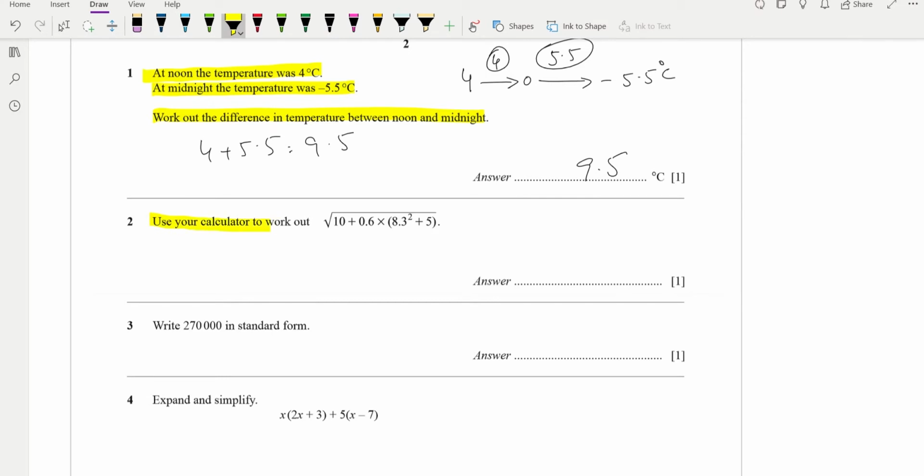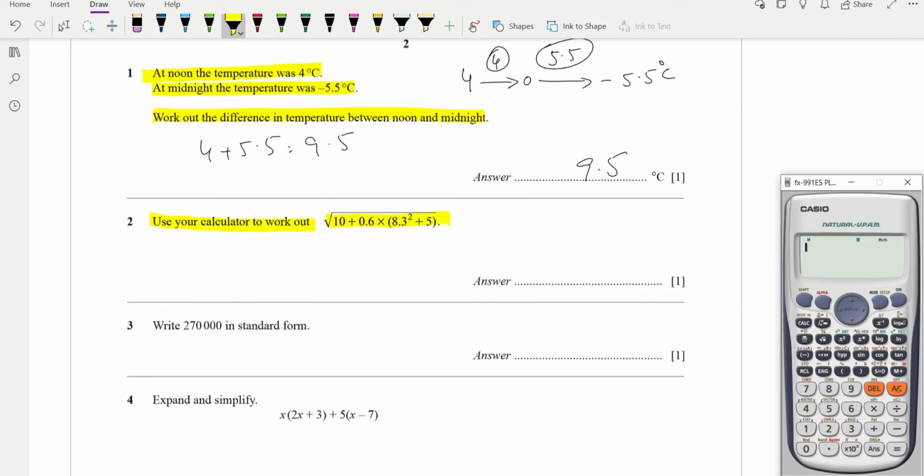Then use your calculator to work out this one. We have to use calculator for this working. Square root of 10 plus 0.6 multiplied by 8.3 squared plus 5, bracket close, and this will be equal to 7.37.